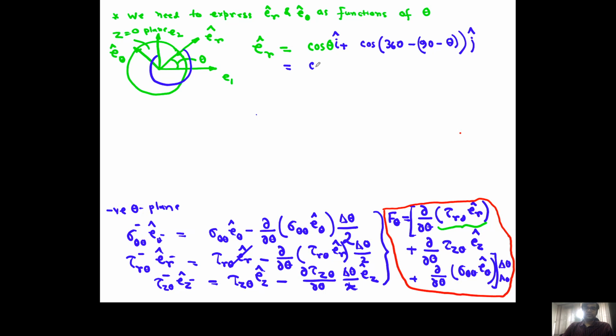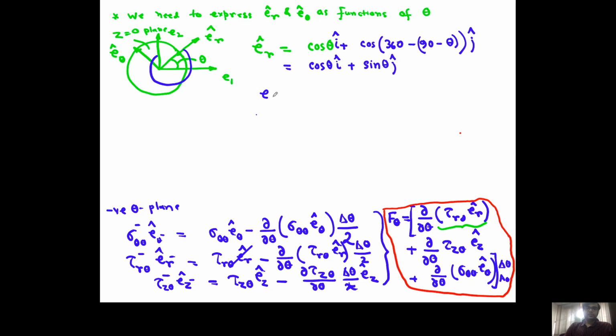So this makes it cos theta I cap plus, so cos of 270 plus theta, so that means fourth quadrant, and since 270 is 3 times 90, 3 is an odd number, this will become sine theta j cap. So this is your ER. So your ER is cos theta I cap plus sine theta j cap.